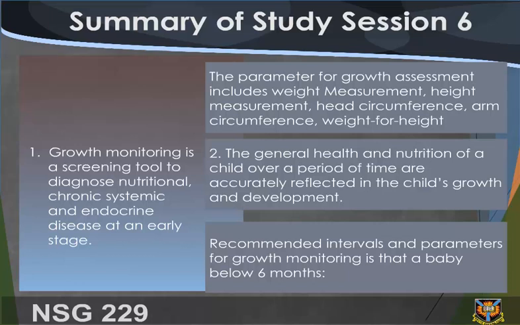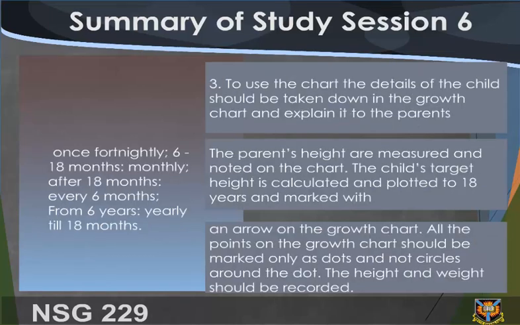The general health and nutrition of a child over a period of time are accurately reflected in the child's growth and development. Recommended intervals for growth monitoring are: below 6 months, once fortnightly; 6 to 18 months, monthly; after 18 months, every 6 months; from 6 years, yearly till 18 years.